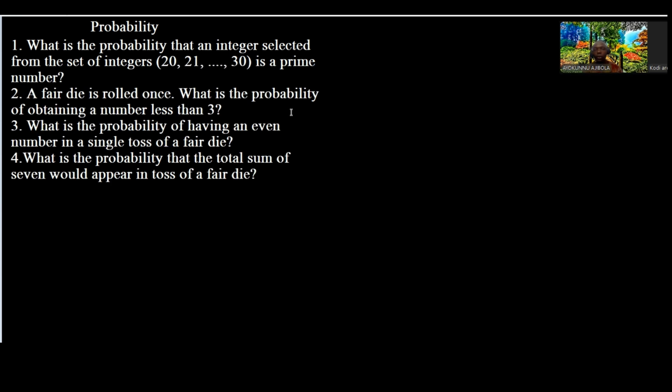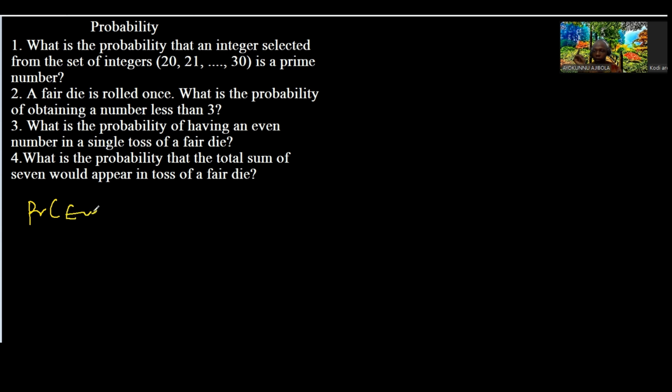So with that, we can say the probability that the sun will shine will be 1 over 2, because the number of required outcome is 1 and the number of possible outcomes is 2. So probability of an event is the number of required outcomes over the number of possible outcomes.